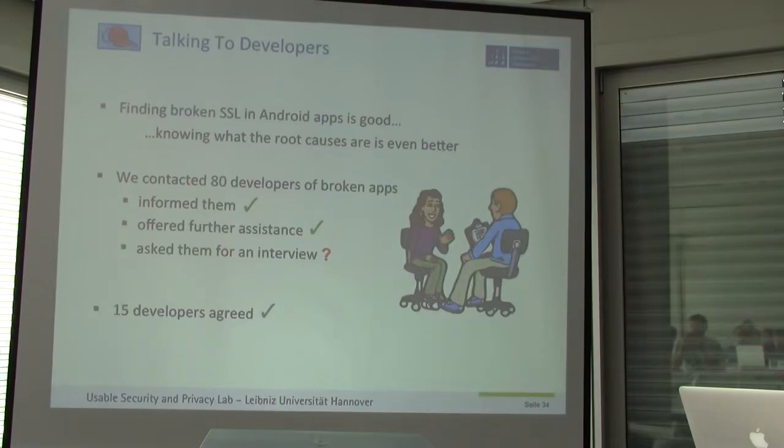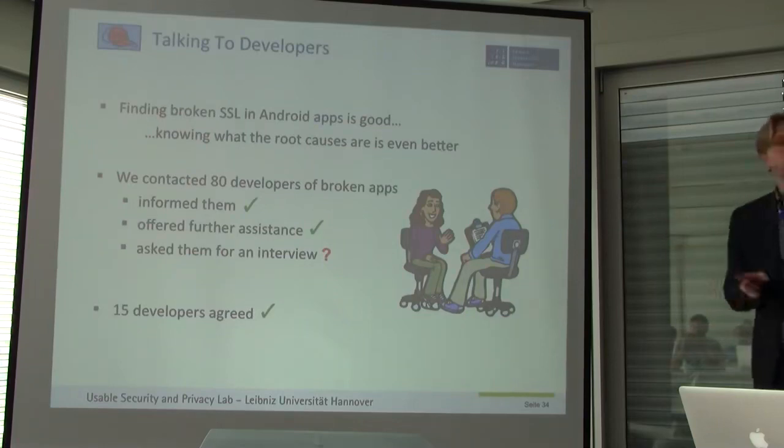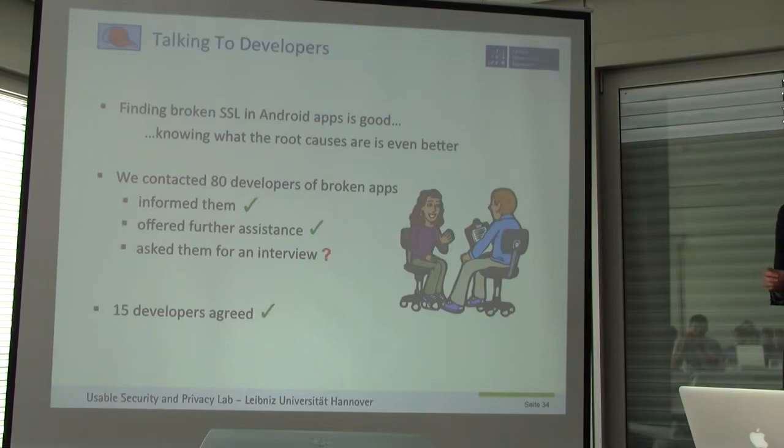So we contacted the 80 developers which were responsible for the cherry-picked apps we had, informed them of the problems they had, and offered assistance in fixing the apps. And after that, we asked them if they would be kind enough to participate in a survey and would allow us to interview them about this. We, of course, offered them anonymity, so we wouldn't mention specific answers.